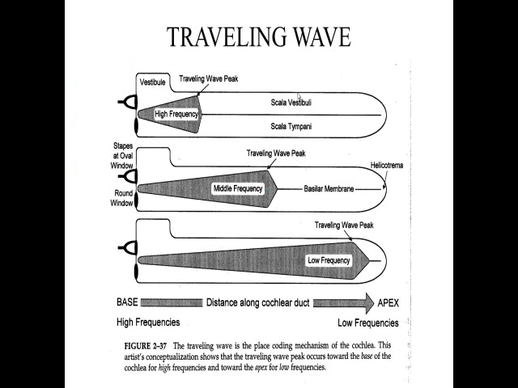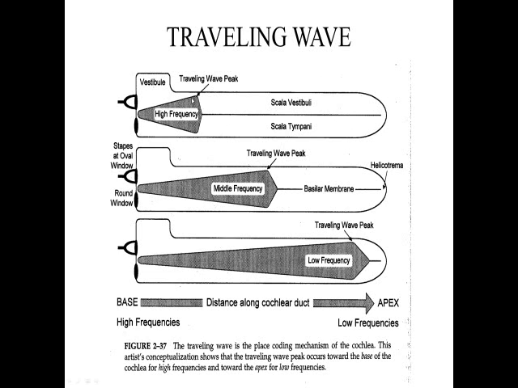Okay, so now get back to a slide we looked at from the inner ear anatomy lecture, and this one again just shows us that the size of the traveling wave is going to be different at different physical locations in the cochlea, depending on what sound was presented.